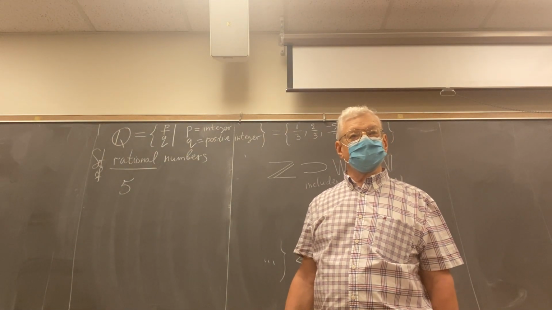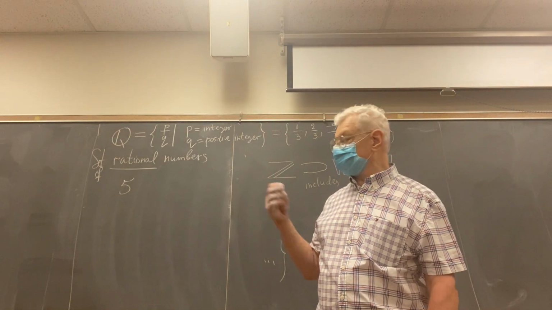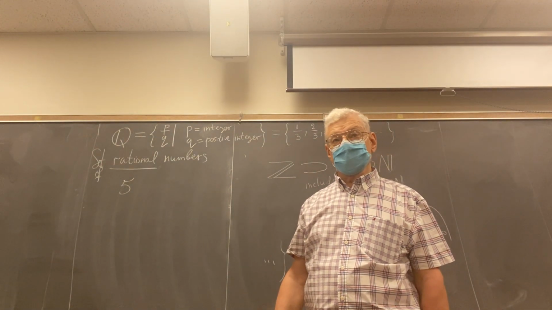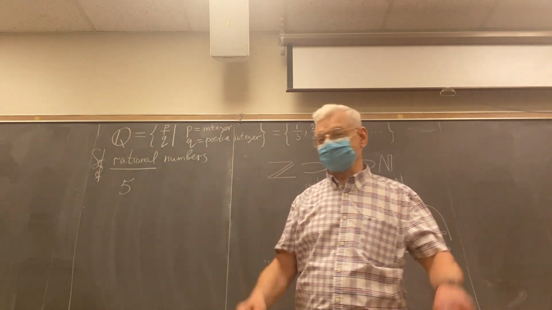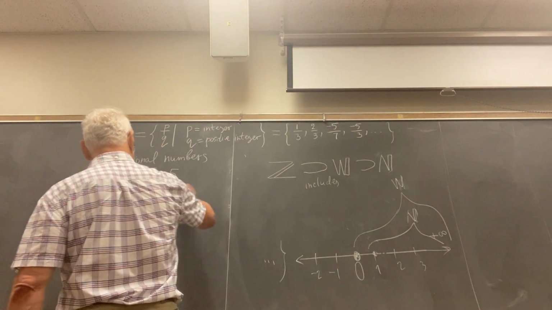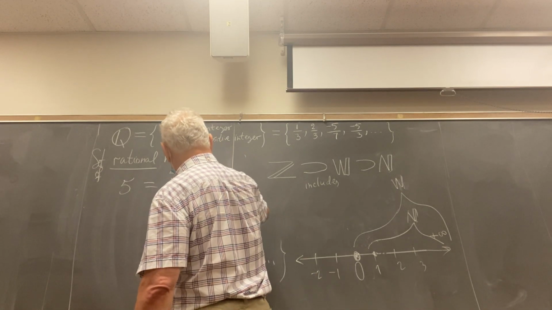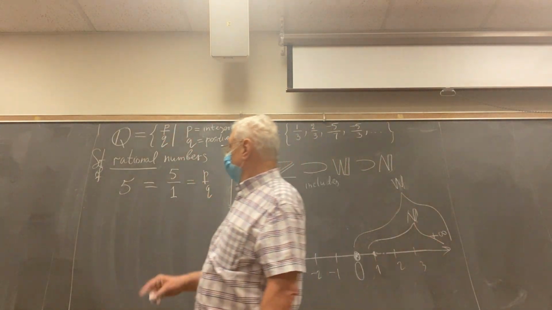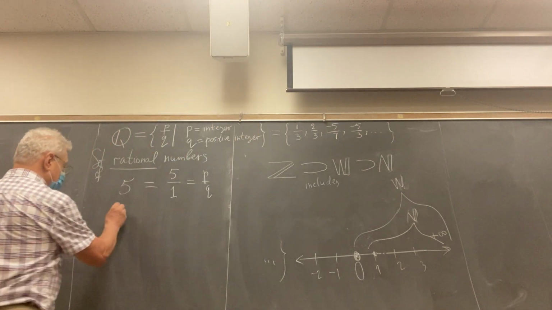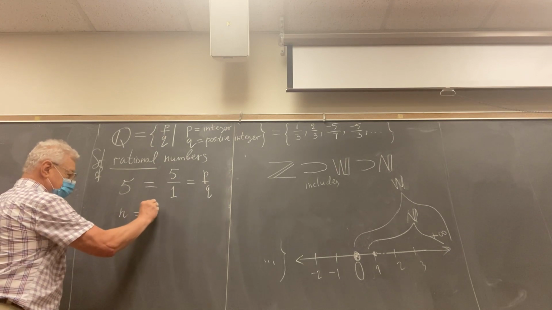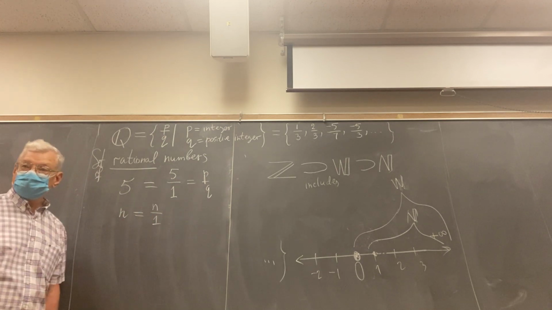Is it a rational number or not rational? It's a rational number. Yes, so you have to represent this 5 as a fraction, if you say so. It would be 5 over 1. Good, I'm very glad. So it's exactly 5 over 1. So it's P over Q. P is 5 and Q is 1, that's it. So therefore, you see, every single number n can be represented as n over 1.